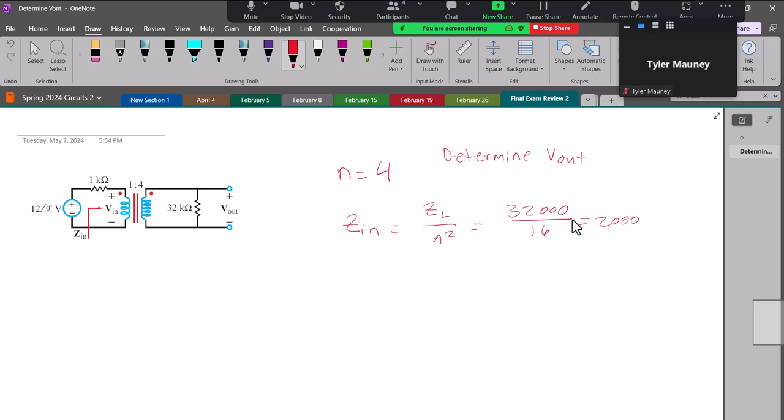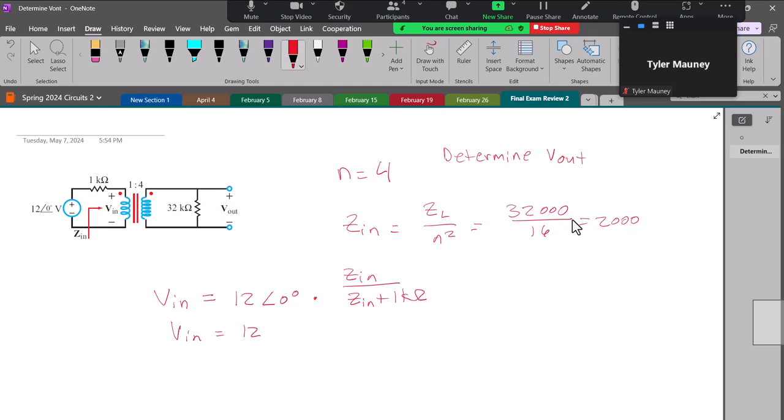So Vn, I can use voltage division on that, and I can get that Vn is 12 angle 0 degrees times Zn over Zn plus 1 kilo ohm.